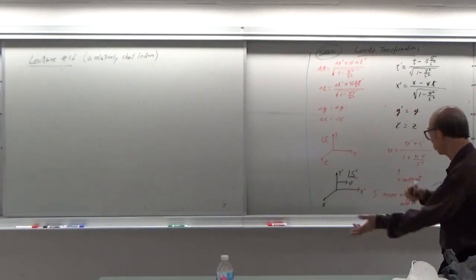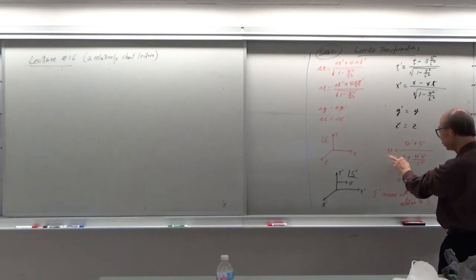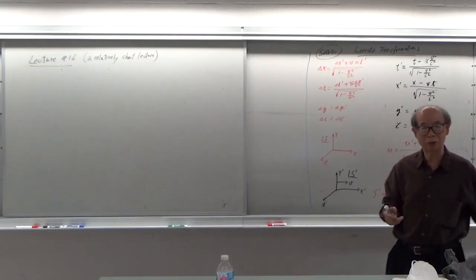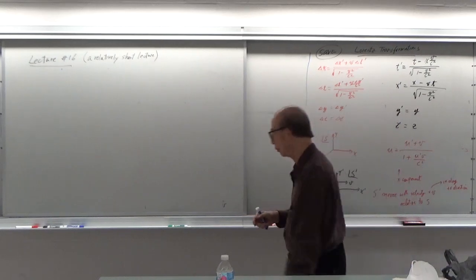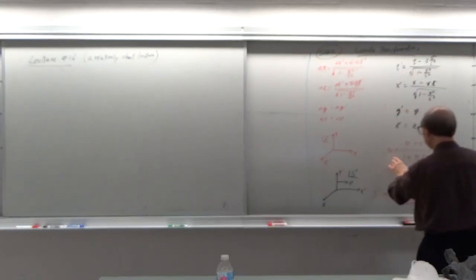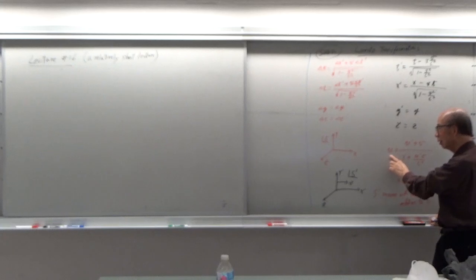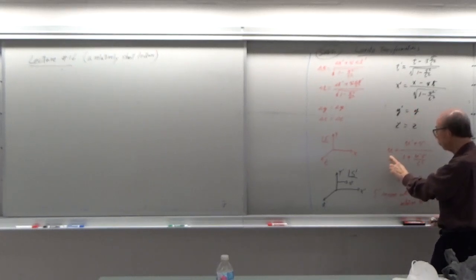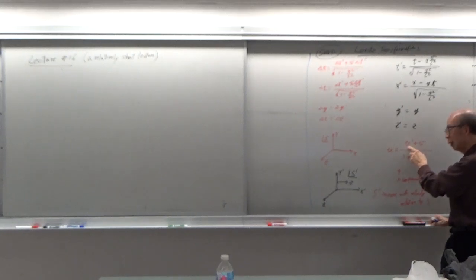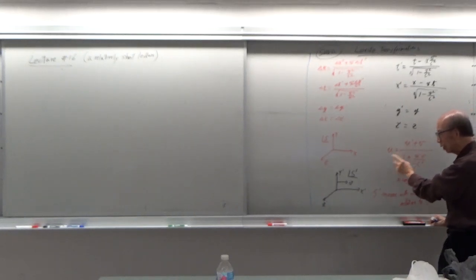But let's concentrate on the x component of the velocity. Let's say that the object moves only along the x direction. Then the velocity of that object in the unprimed frame, which we call u, is given in terms of the velocity of that object in the primed frame.